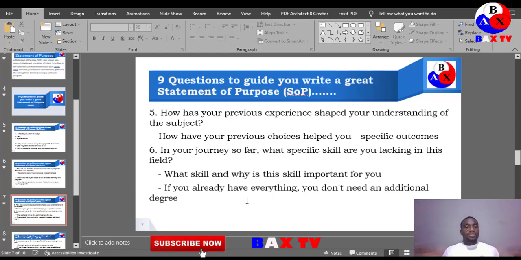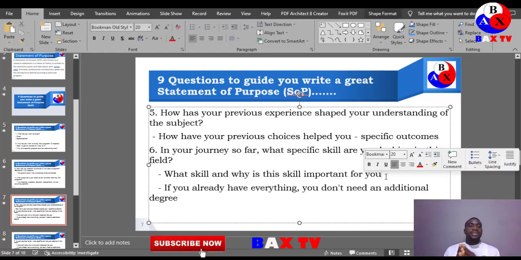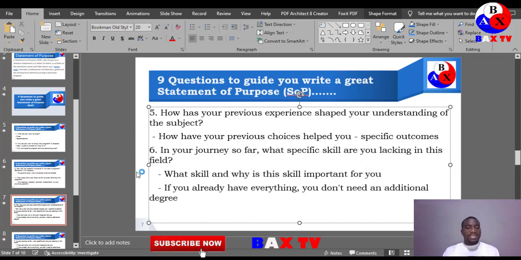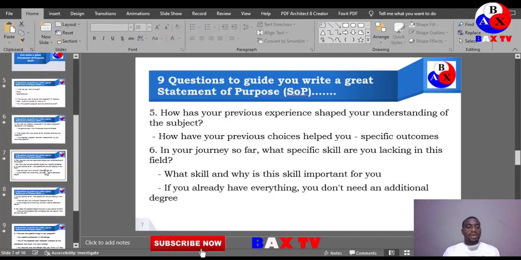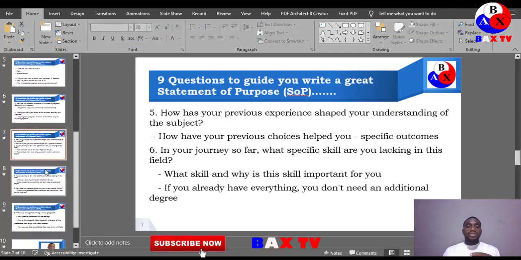It could be other fields or anything: business, education, science, agric, any field or technology, infrastructure, construction. It could be any field. So why is this skill important to you? You must state it. Stating this particular skill will indicate to the panel why you want to be given the chance to study this particular program. So don't feel shy to talk about it.